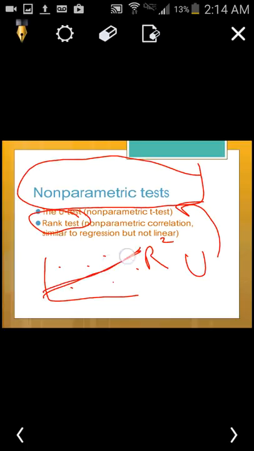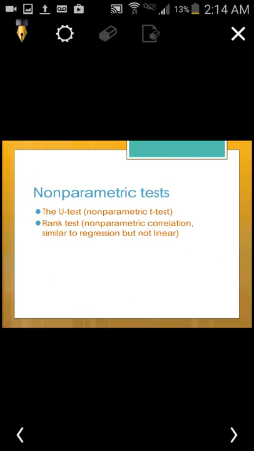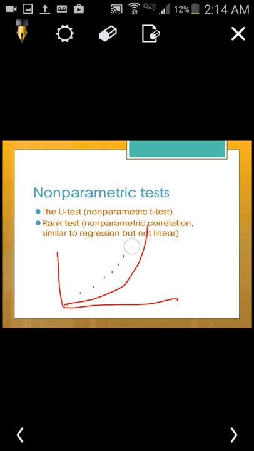So this would be your linear regression, and this would be your best fit. Of that would be R squared. But let's say you didn't have something like that, then you would R square that.